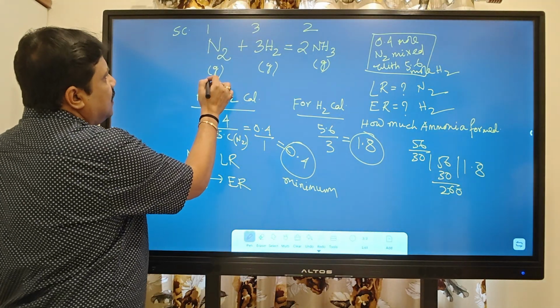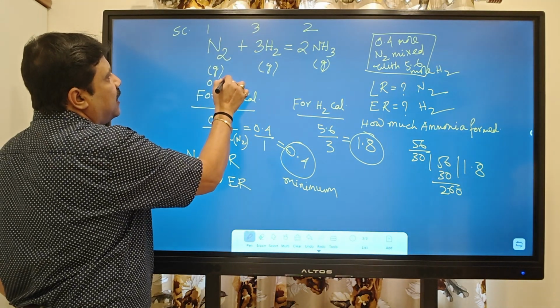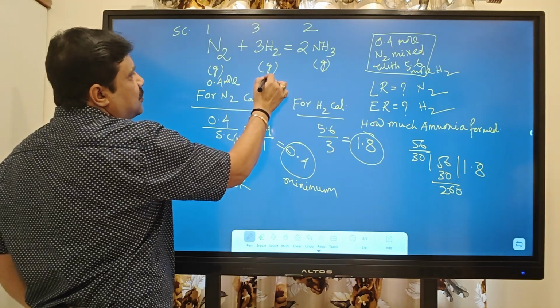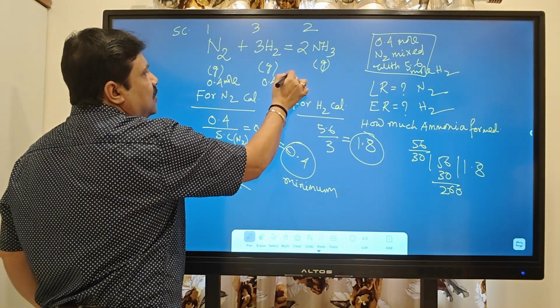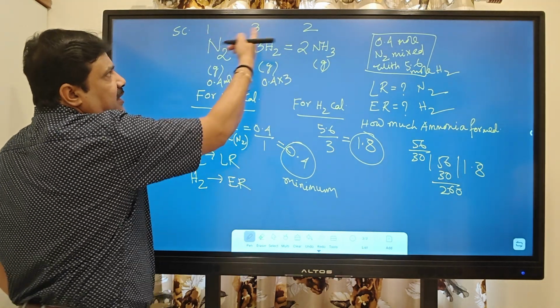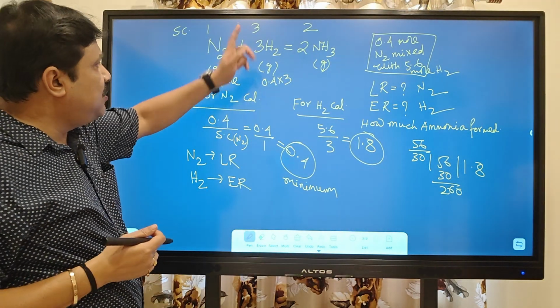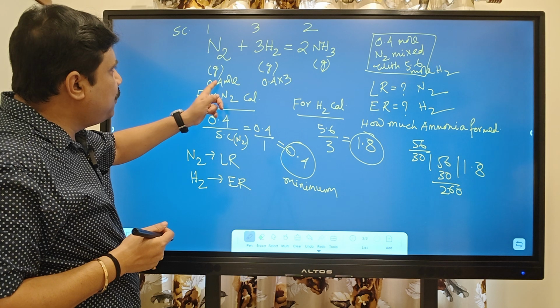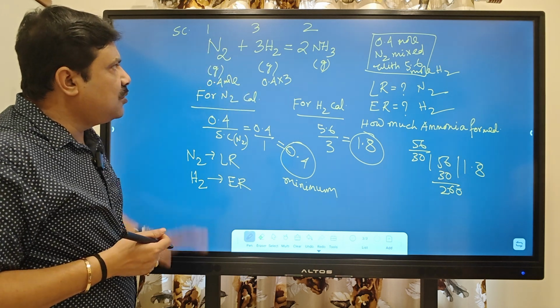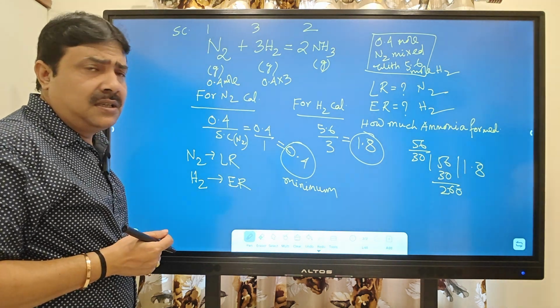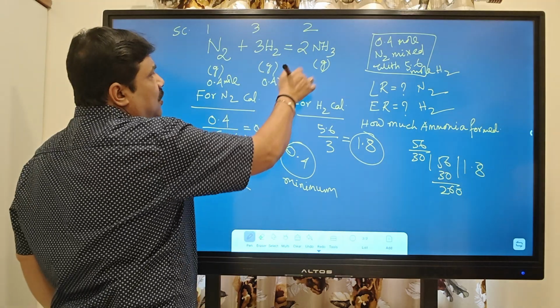If 0.4 mole of nitrogen reacts, how much hydrogen will react? 0.4 into 3, because the stoichiometric ratio of nitrogen to hydrogen is 1:3, and they maintain that ratio. That's why this much hydrogen reacts.